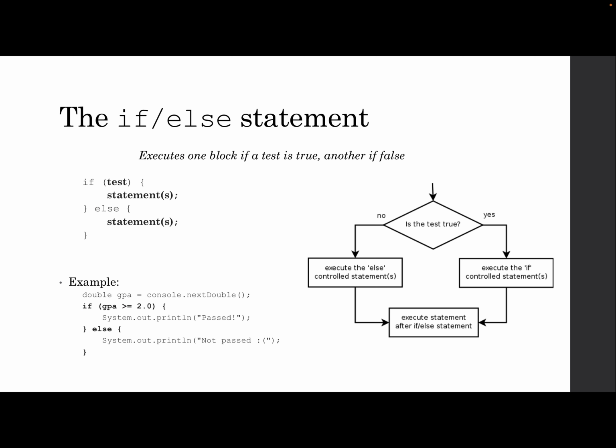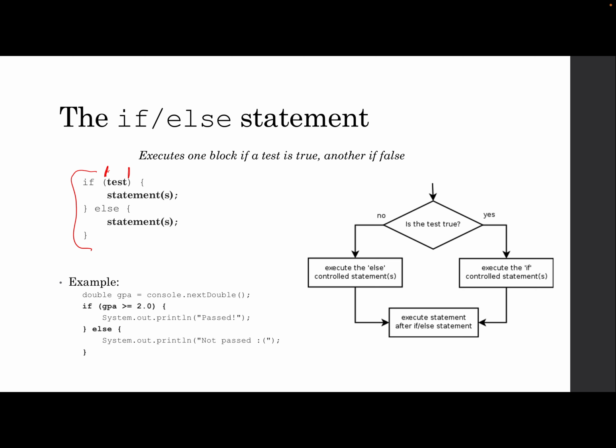Sometimes we don't just want to do something when a condition is true. Sometimes we want one action where the condition is true, and we want a different action when the condition is false. So that's where the if-else statement comes in. And this should be similar to what you already know. There's nothing magical here that you haven't already learned in say, Python or C++. So the structure looks like this.